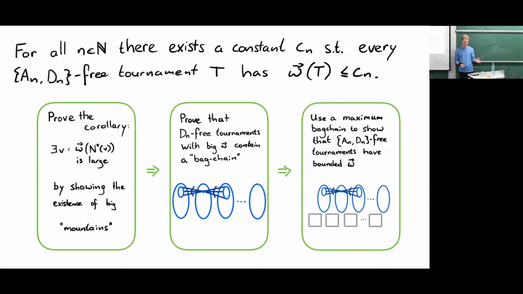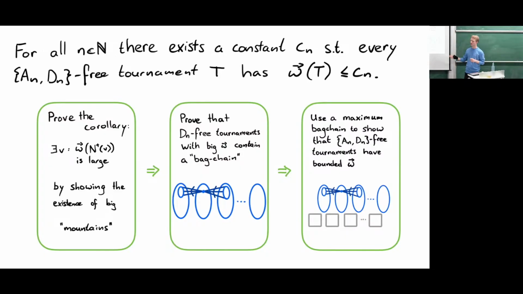So we first showed that you have this vertex of out-neighborhood with large diclique number, and also the same for in-neighborhood. We then use that to find bag chains. That part I definitely didn't go into much detail.